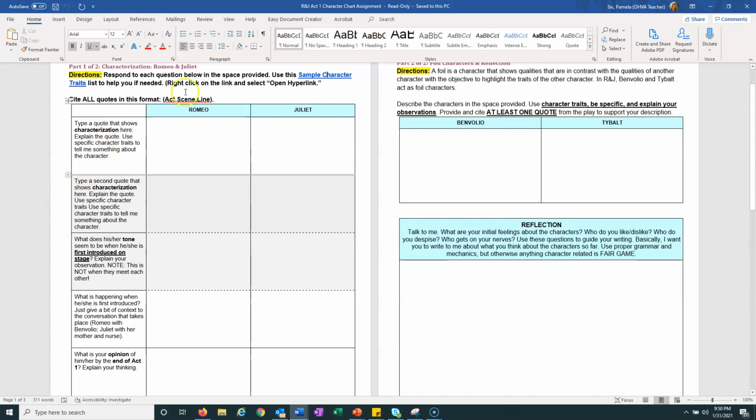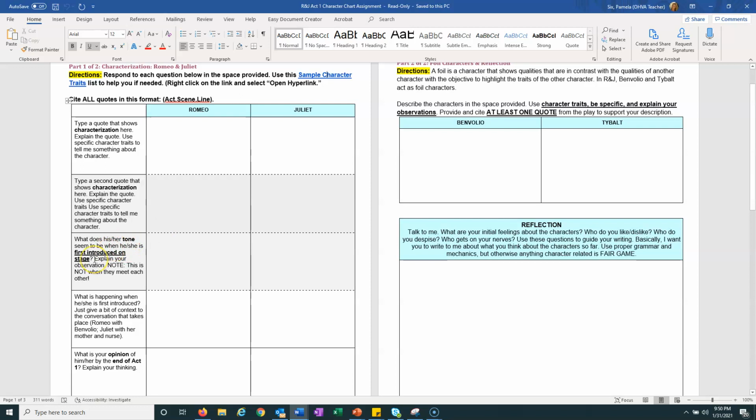You're going to find a quote that tells something about that character trait. Then you're going to type a second quote showing characterization also, and talk a little bit about another character trait that they have, right?